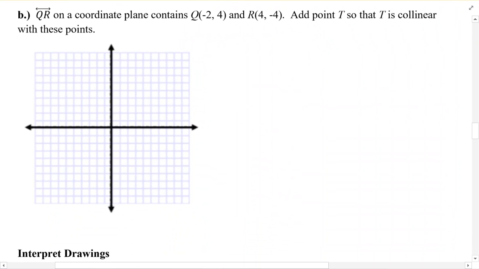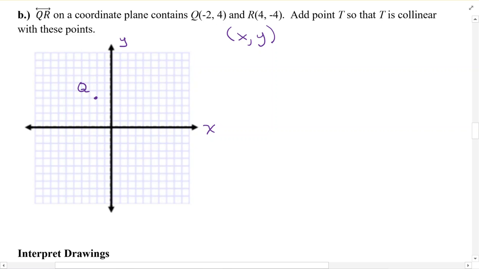We're going to draw QR on the coordinate plane, where this is the x-axis and this is the y-axis. And points come with the x-coordinate listed first and the y-coordinate listed second. So our first point is -2, 1.